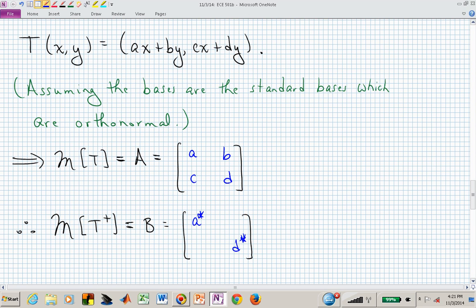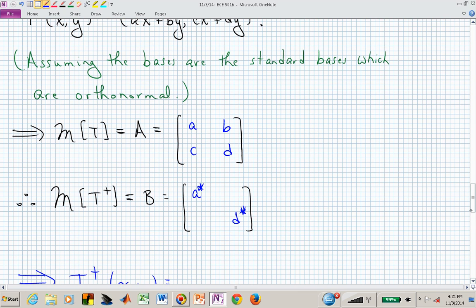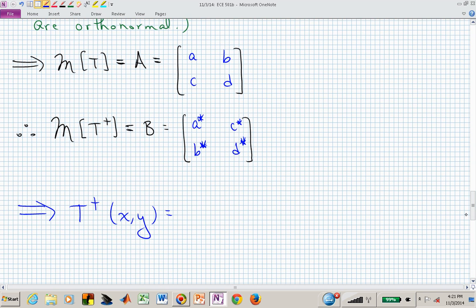Since the transpose doesn't do anything to the diagonals, now the off diagonals are interchanged and we have to form their complex conjugate. This is now C star and this is B star. Is that okay? We simply did the transpose, and then we took the complex conjugate of the transpose of capital A to generate capital B, which is the matrix representation of the adjoint.